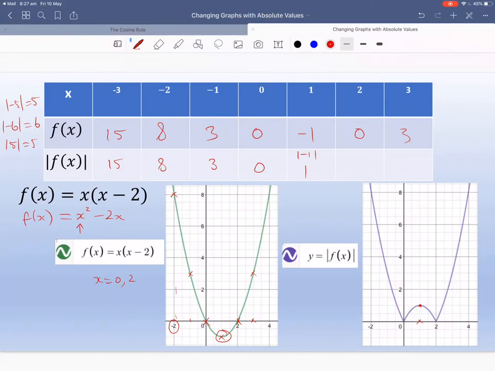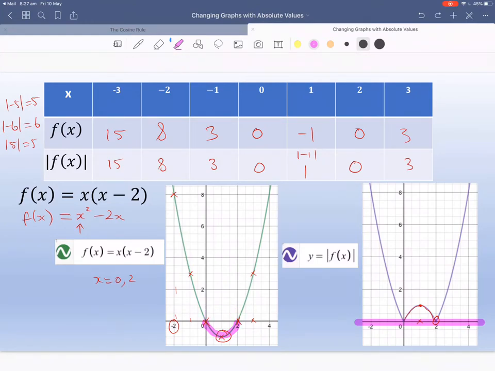And then everything else is fine. 0, it's still the same 0. 3, it's still the same 3. And that's why you can see that this blip up here flips up. What almost happens is that the x-axis becomes like a sort of trampoline that it just bounces over, and this bit here just flips over to the top. So just something to be aware of.